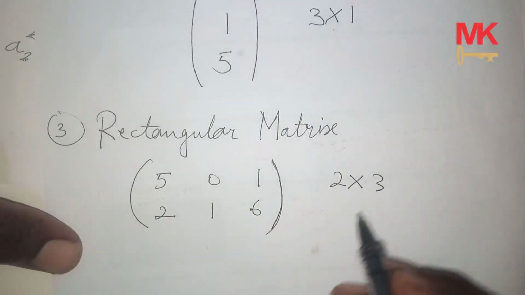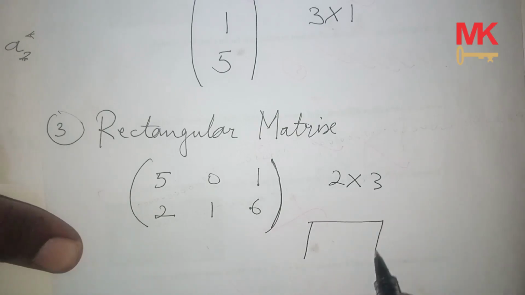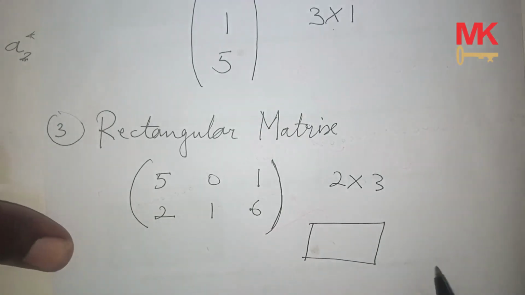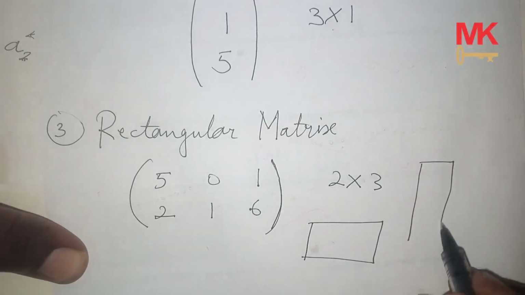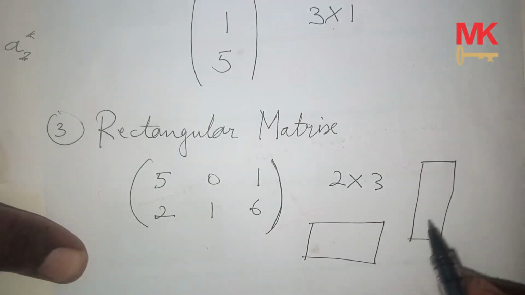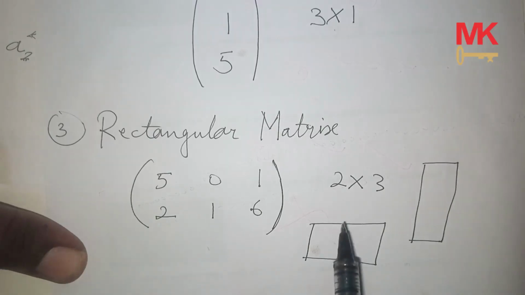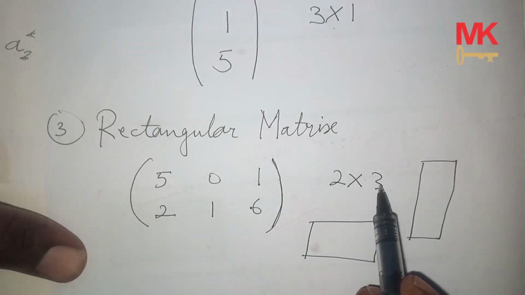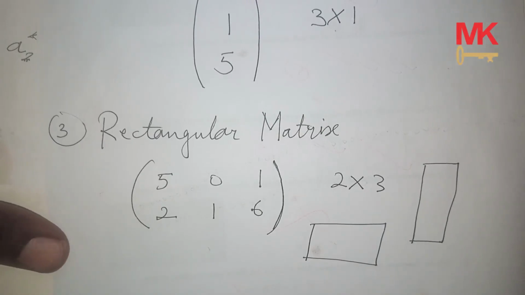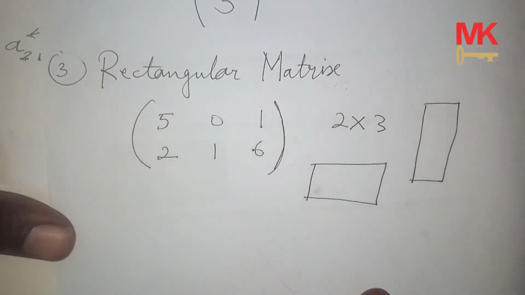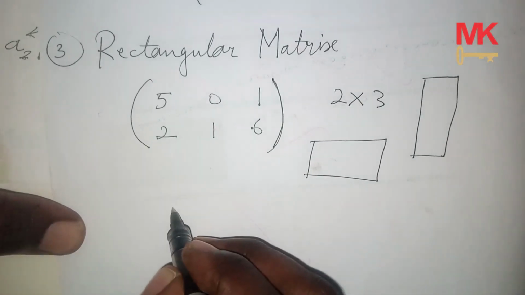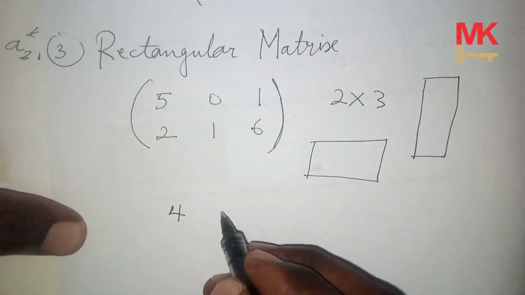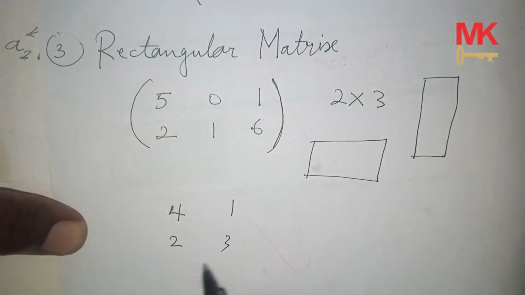If you check, it just takes the shape of a rectangle, just like this. It's a rectangle, or it can even be like this. Probably the rectangle will be standing like this. So in any form, a rectangular matrix has both the row and the column to be different. Another example of a rectangular matrix is this. So you can have something like, let's say 4, 1, 2, 3, 1, 6.